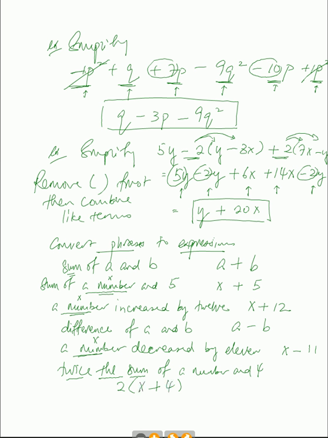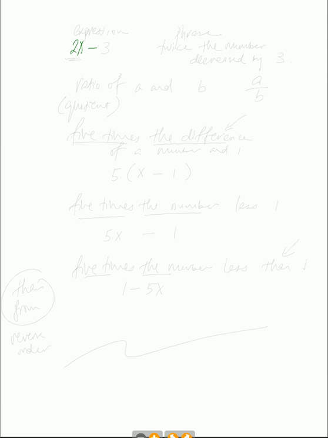So how do you think I would say it if I only want to multiply x by 2 and not in a parentheses? Then I will have to say something else, right? So let's try that. How do you think I would have to say it if I want to say 2x minus 3? How do you think I would tell you? Okay, so this is the expression. How would I say it as a phrase?